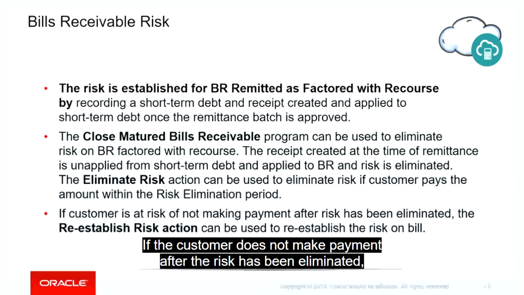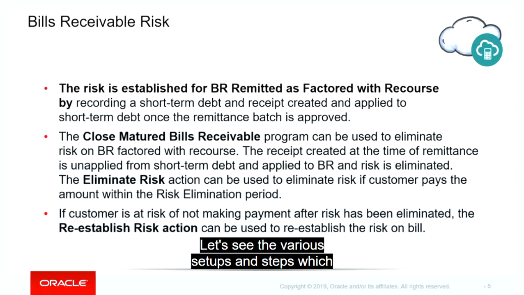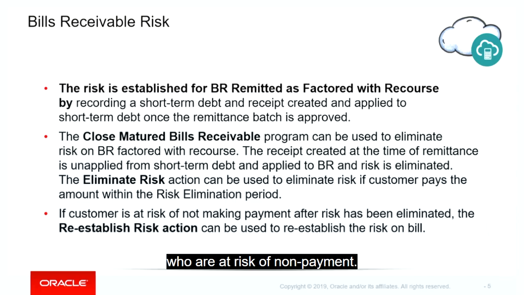If the customer does not make payment after the risk has been eliminated, we can re-establish the risk by using the re-establish risk action. Let's see the various setups and steps which are required to see how the risk can be re-established for customers who are at risk of non-payment.